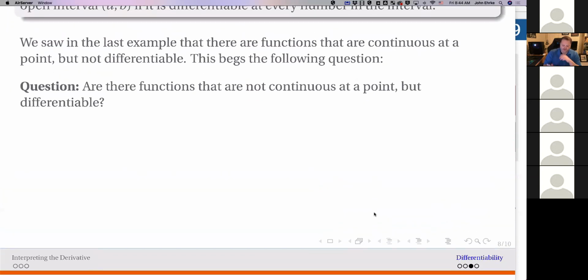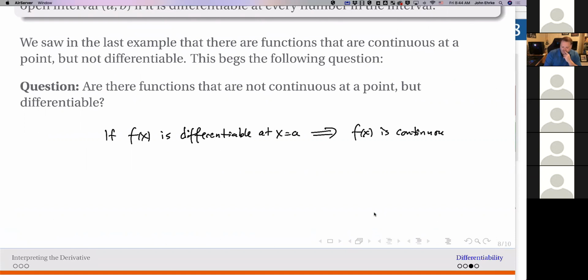Let me talk about that for just a second. If f of x is differentiable at x equal to a, that automatically implies f of x is continuous at x equal to a.